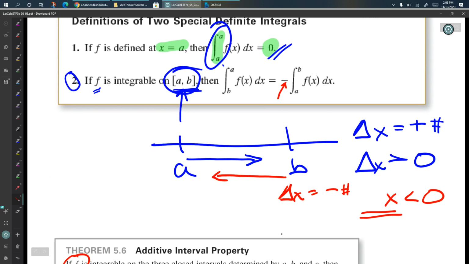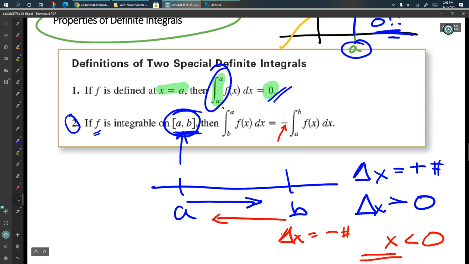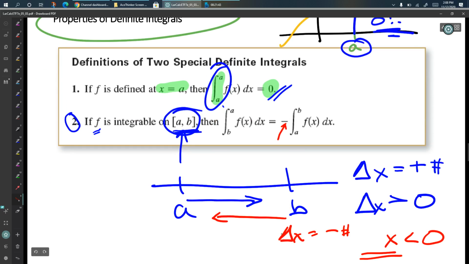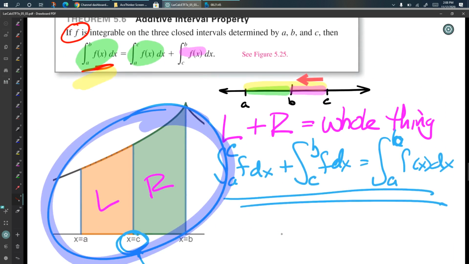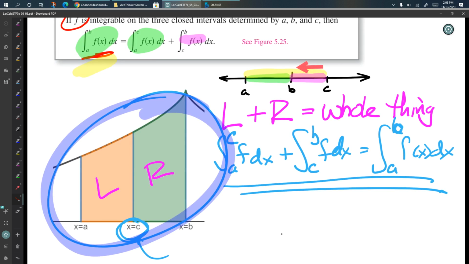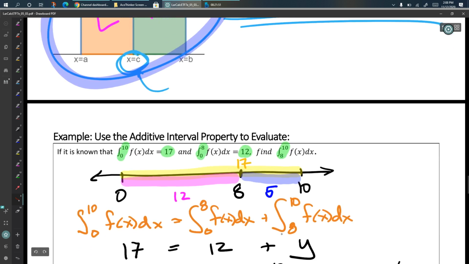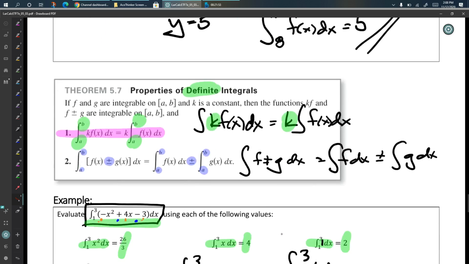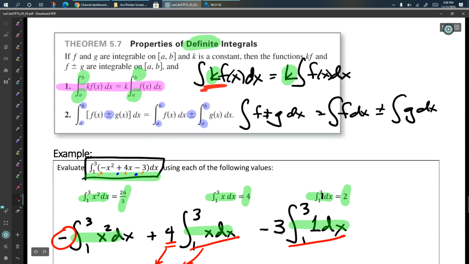Then we took a look at properties. If the integral doesn't go anywhere, its value is 0. If you flip the limits of integration, just add in a negative. If you break it apart into a left and a right, a left plus a right is the whole thing. If you have a coefficient that you don't like, pull it out.